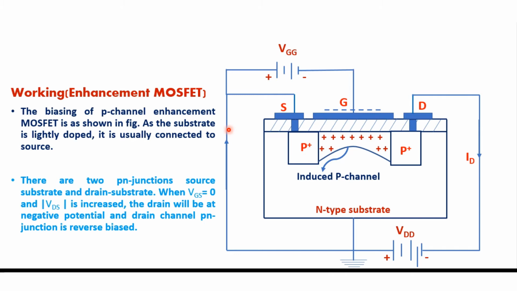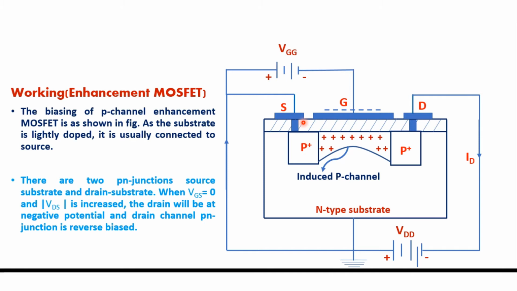When drain to source voltage is increased from 0, the magnitude of drain current increases slowly at the beginning. Beyond a certain value of drain to source voltage, the drain current remains practically constant.